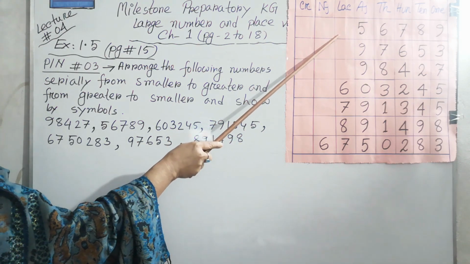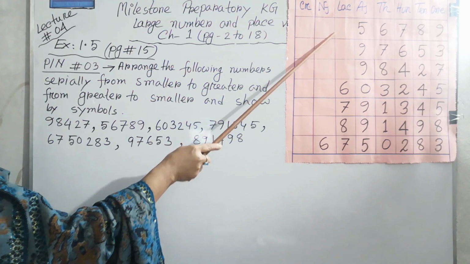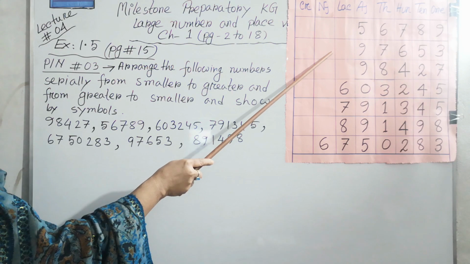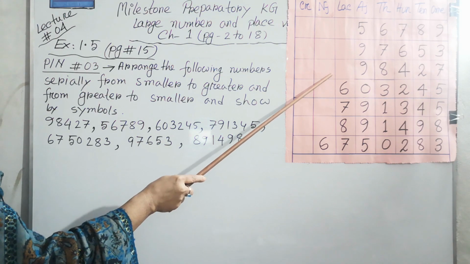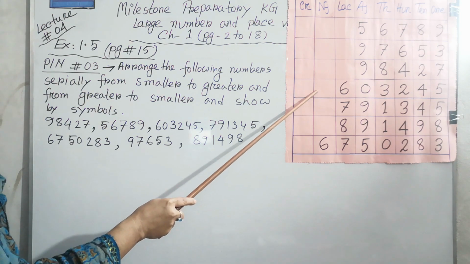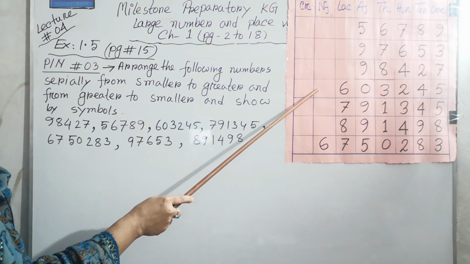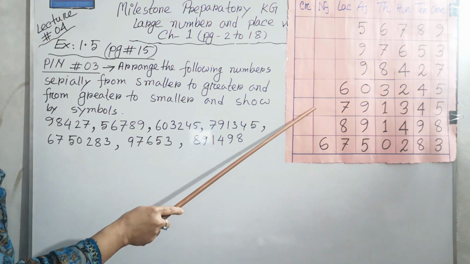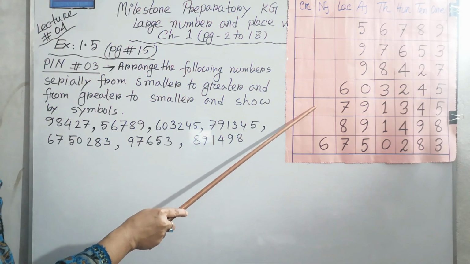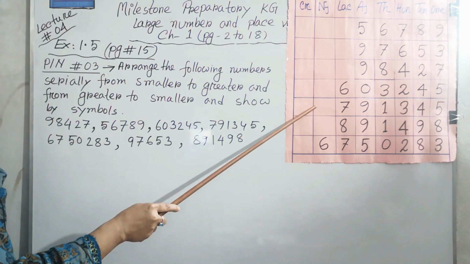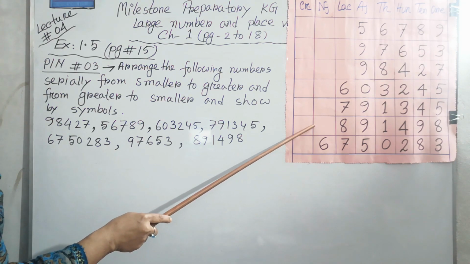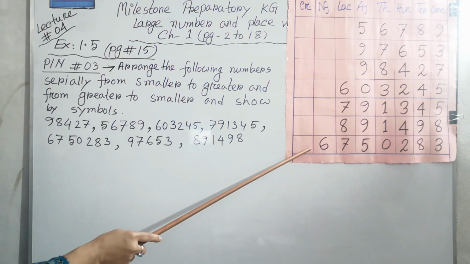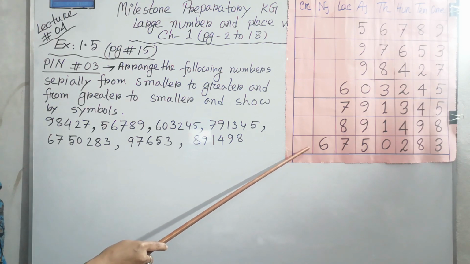Smallest one 56,789, then second number 97,653, third number 98,427, and the fourth number 6,03,245, this is the fifth number, 7,91,345, sixth number, 8,91,498, and at last 67,50,283.